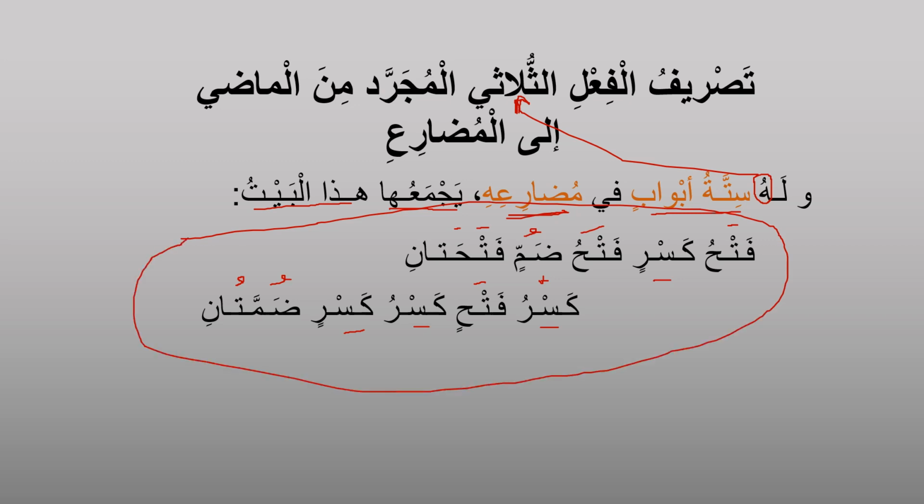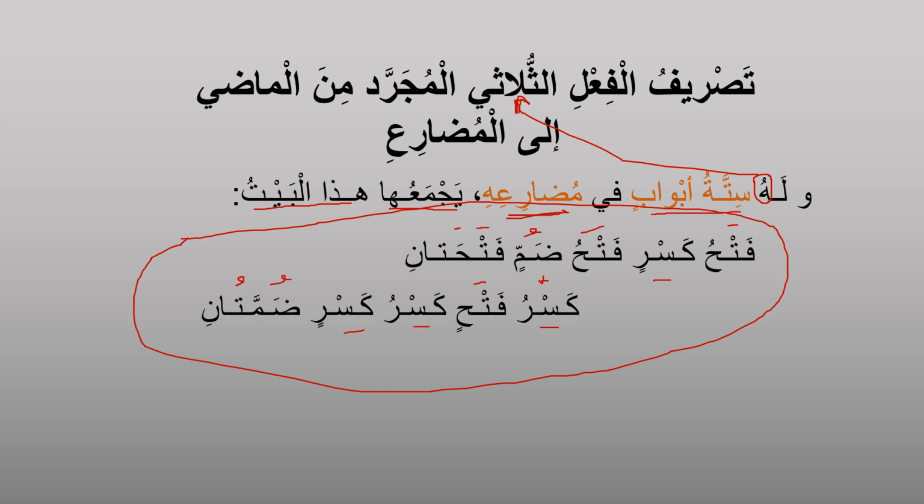So here we have fatha, kasra; fatha, dumma; fathatan; kasra, fatha; kasra, kasra; dumma, dumma. Let me just give a brief before we go to the next slide. What this is all about is a brief of the templates of the fi'l thulaathy in mudori.